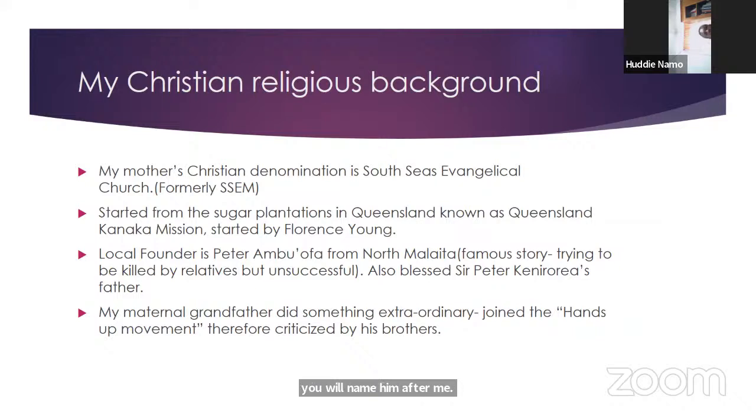And that son of yours will be the one that will bring restoration to this nation, that will bring independence to this nation. And then his prophetic words were actually fulfilled.